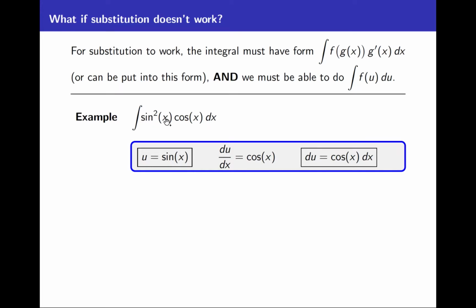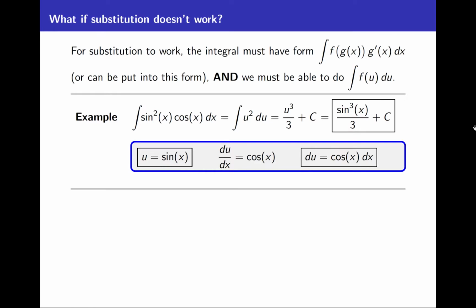And the thing that we're squaring here is sine of x, which is u. So this integral becomes the integral of u squared du, a very simple integral. That's our integral of f of u du in this case. And we could do it with the power rule for integration. And plugging the u equals sine of x back in there, we get an answer of sine cubed x over 3 plus c. It was very effective, this method of substitution, for this problem.